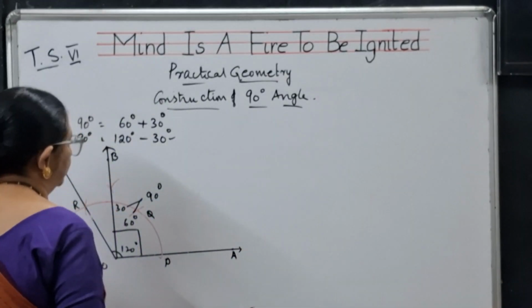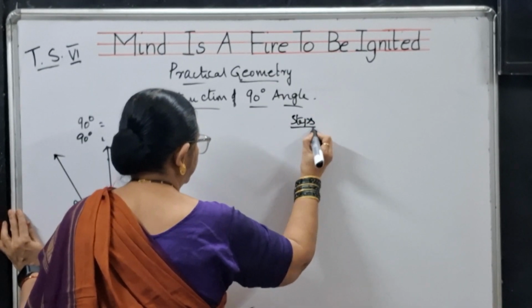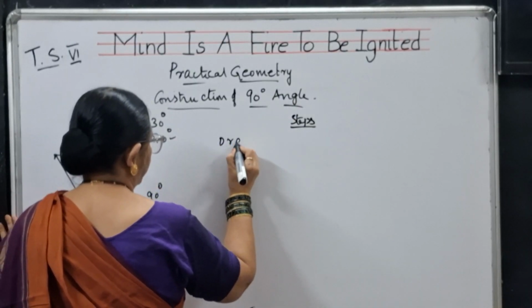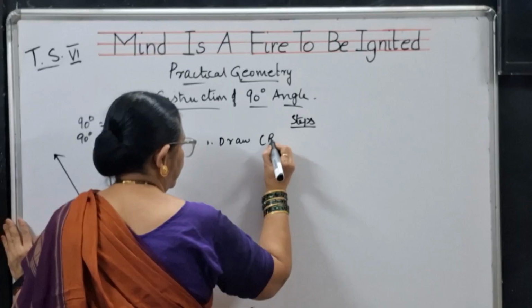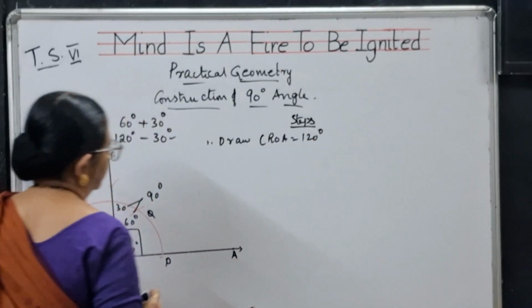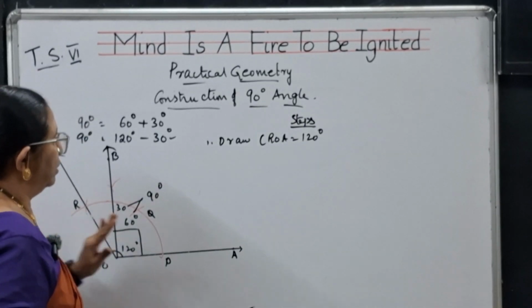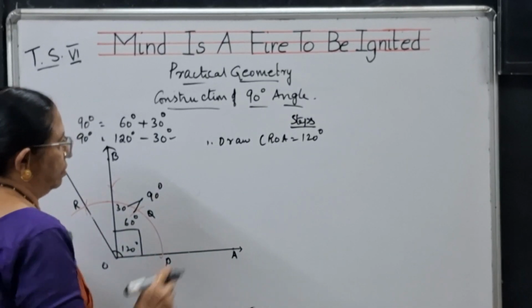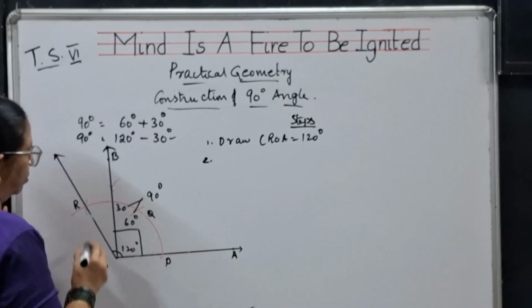So how did you do the construction steps? First you have to draw angle ROA is equal to 120 degrees. So how it has to be drawn? Already we have done earlier. So this point is quite enough. Second one, what you have to do?